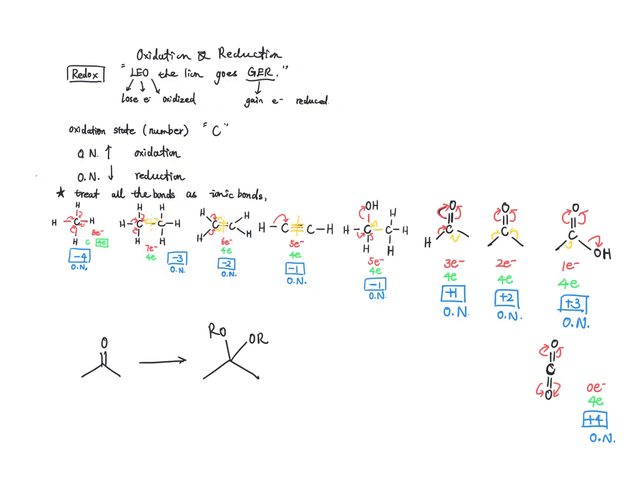Okay, welcome back. So let's see what happened here. The starting material is a ketone. And for a ketone, you have a carbon-oxygen double bond. Let's see what the oxidation number is. Oxygen is more electronegative, so those 4 electrons go to oxygen, and for carbon-carbon, each carbon gets 1, so 2 electrons in total compared to 4. That is 2 less, so +2 as oxidation number.